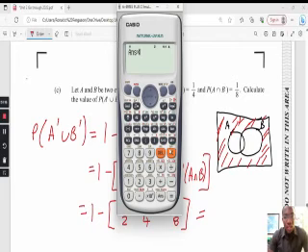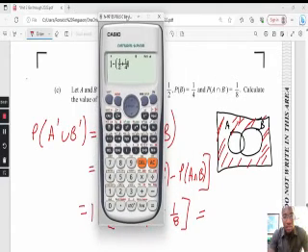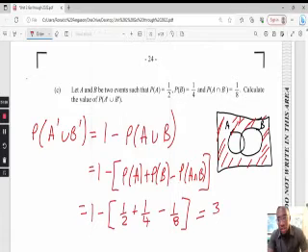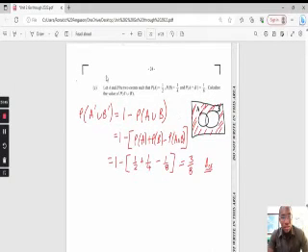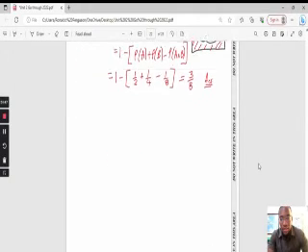Put that in our calculator: 1 minus, open bracket, 1 over 2 plus 1 over 4, then minus 1 over 8, close the bracket. We have 3 over 8. Done. That's the only probability they ask.